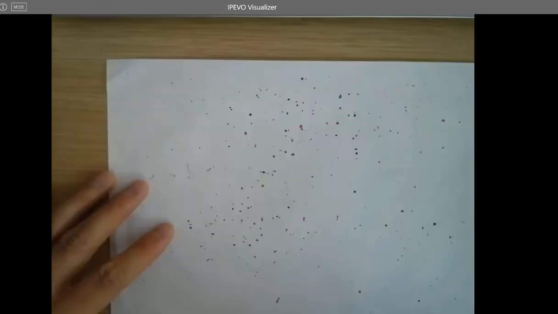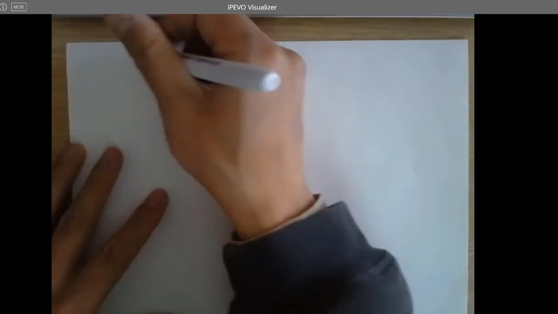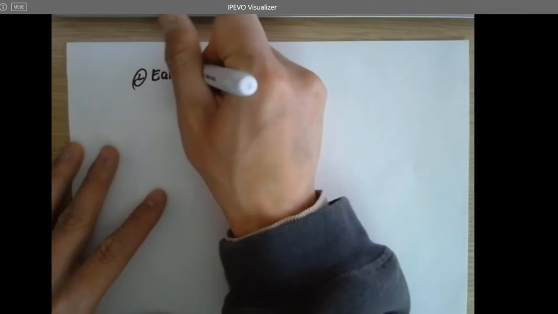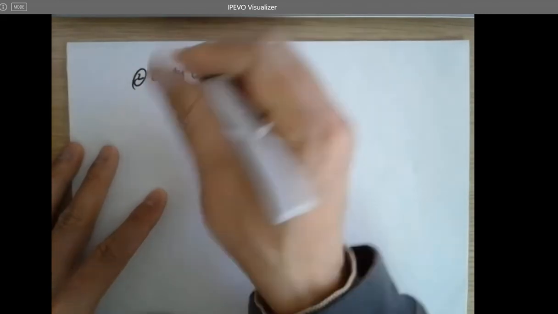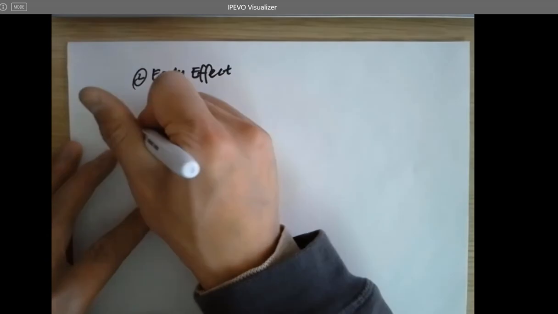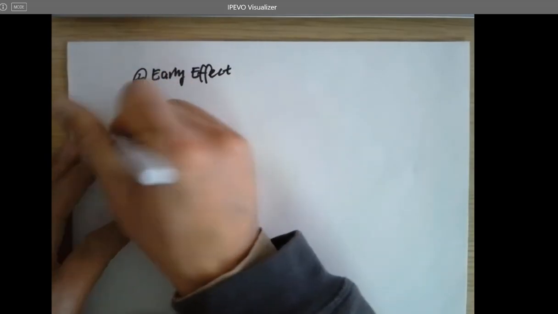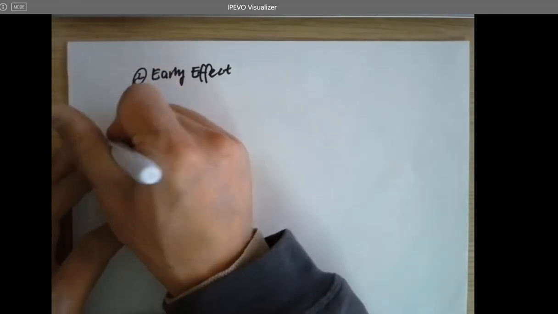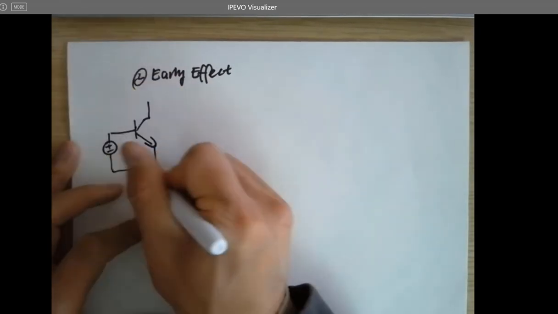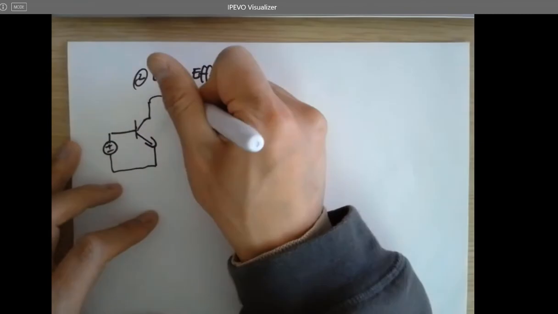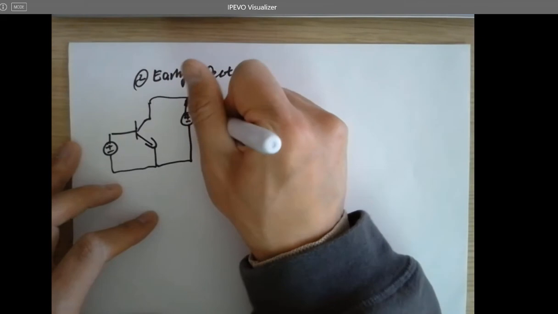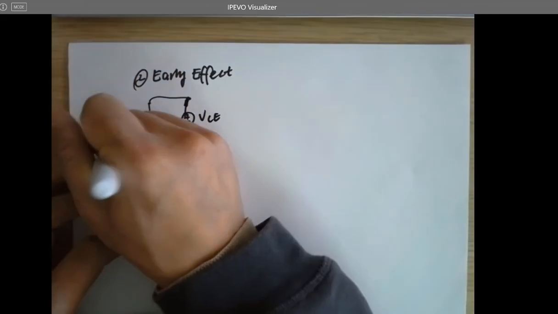The Early effect. How to understand the Early effect in the NPN transistor? Why does it happen? We know that we have to turn on the NPN junction by applying a VBE here. Here's a VCE, here's VBE.